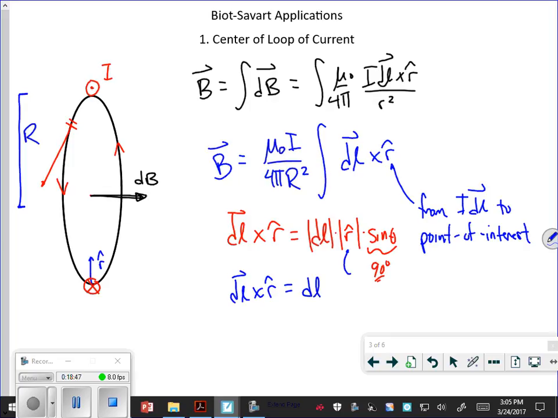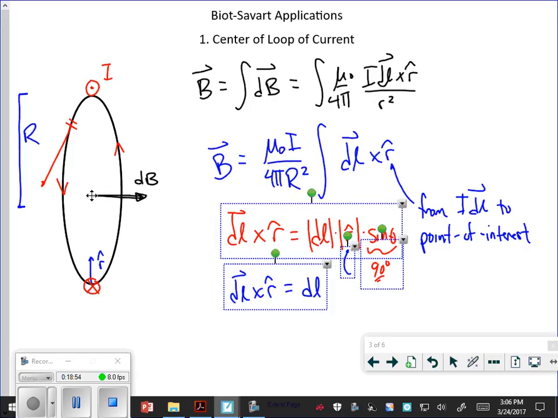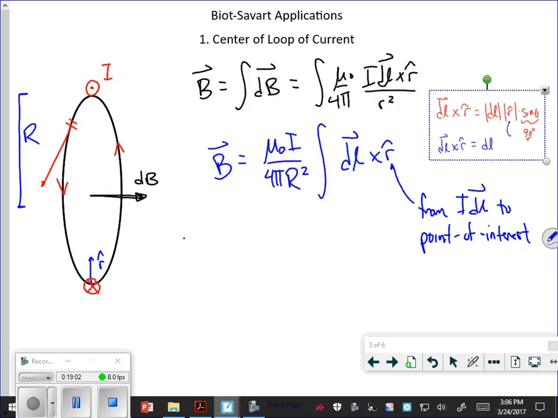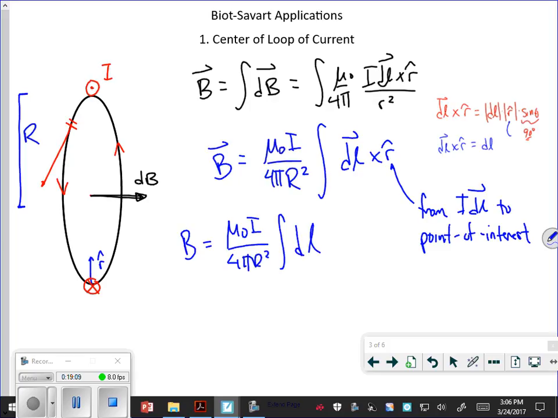So this allows us to change this from a vector equation to the magnitude of B, and we integrate dL. Add up all the lengths of the little tiny sections of that hoop, and guess what you get? You get the whole length of the hoop, and some of us refer to that as the circumference.